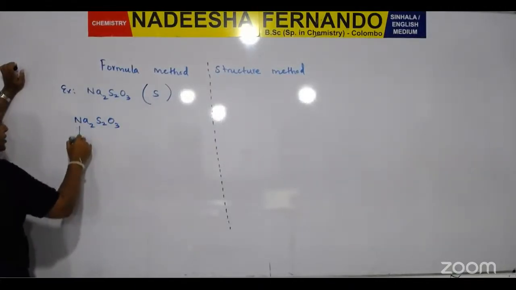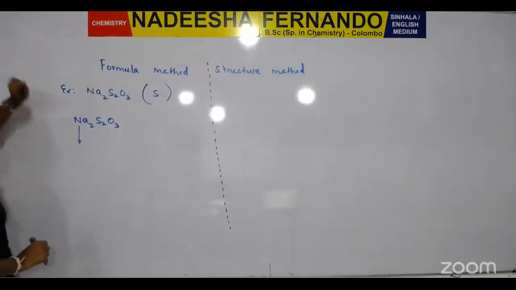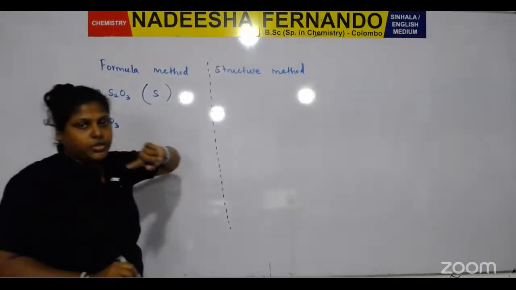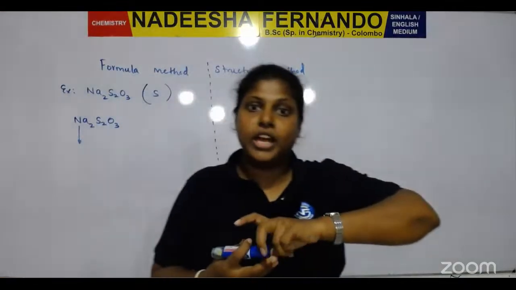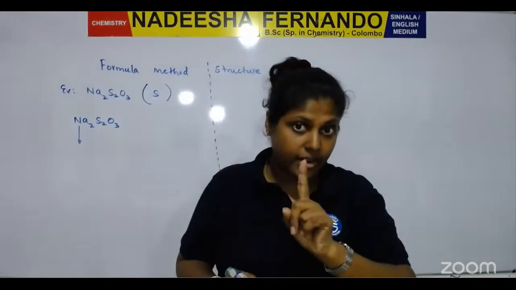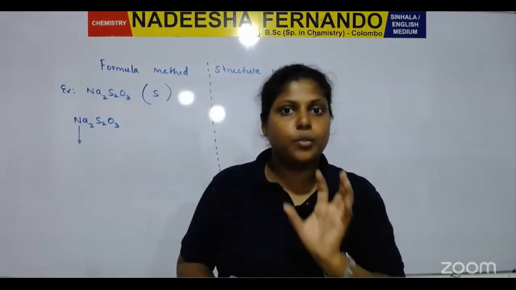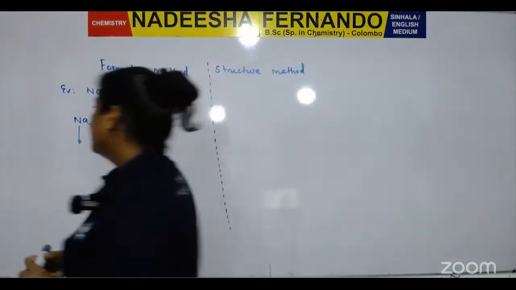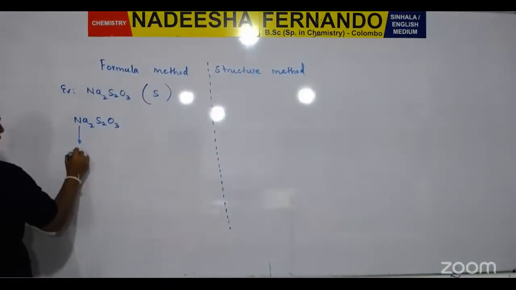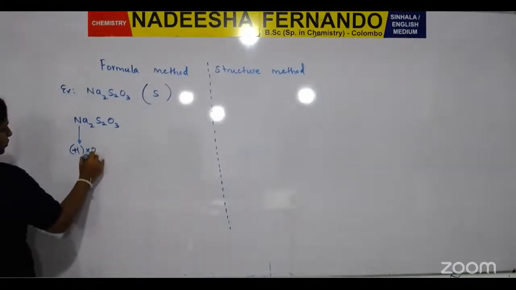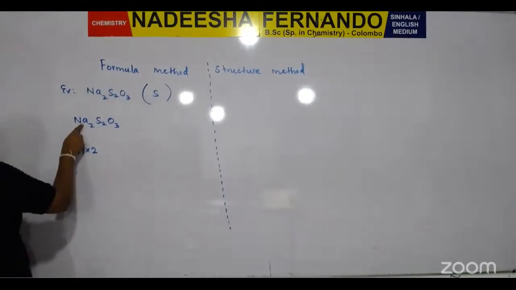Na2S2O3, sodium is the element belonging to the first group. Therefore, it has +1 as oxidation number when it forms compounds. So here +1 into 2, because there are 2 sodium.